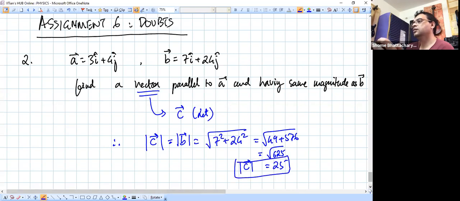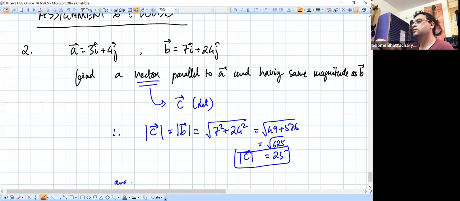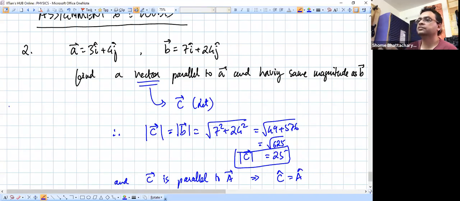And C is parallel to A. So that means C's unit vector should be A's unit vector. It's like this. If this is the vector E, then the vector C should be parallel to it. So if you draw a unit vector along the vector E, that should be the same as the unit vector along C. They should be identical. Okay.